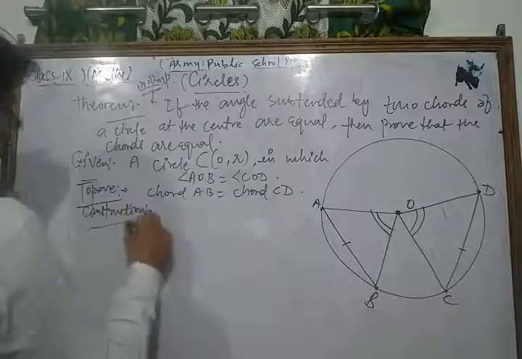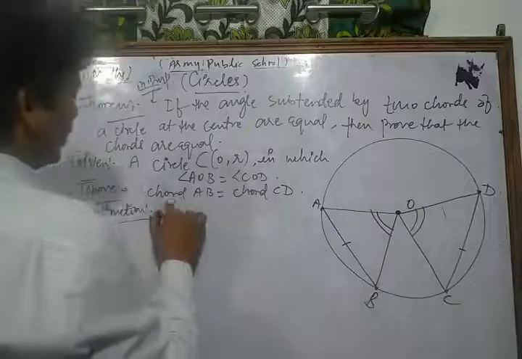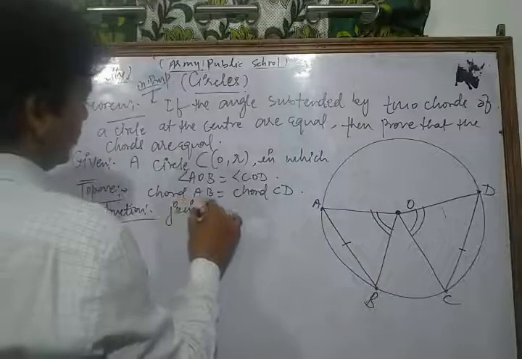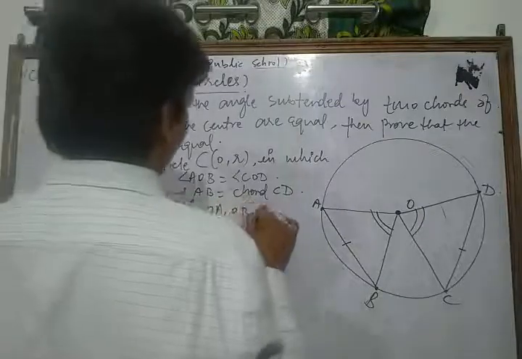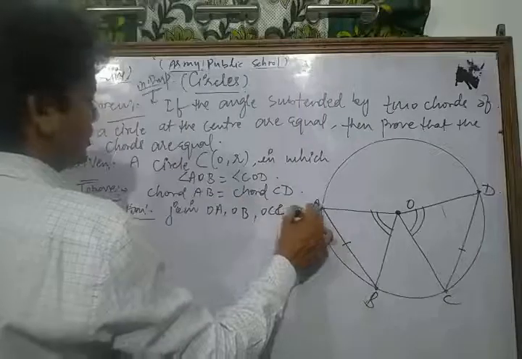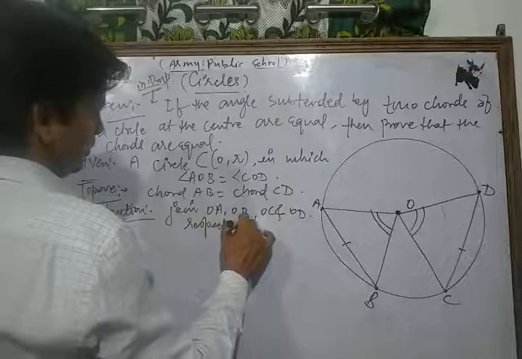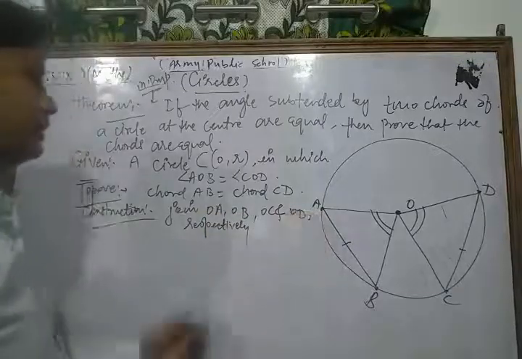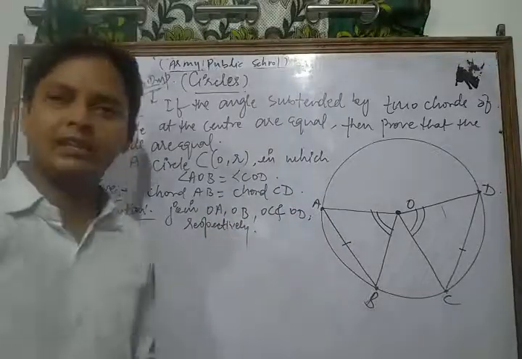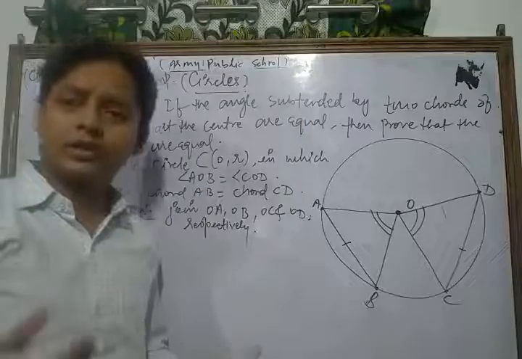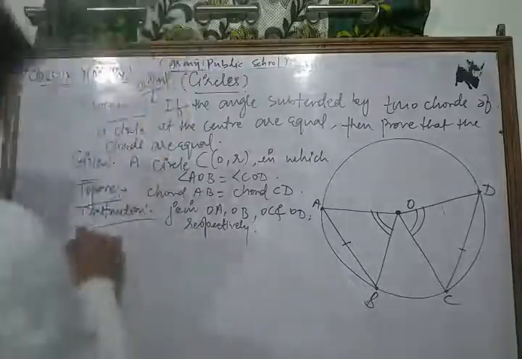In construction, we just join OA, OB, OC and OD respectively. This is the construction. Now we write the proof.